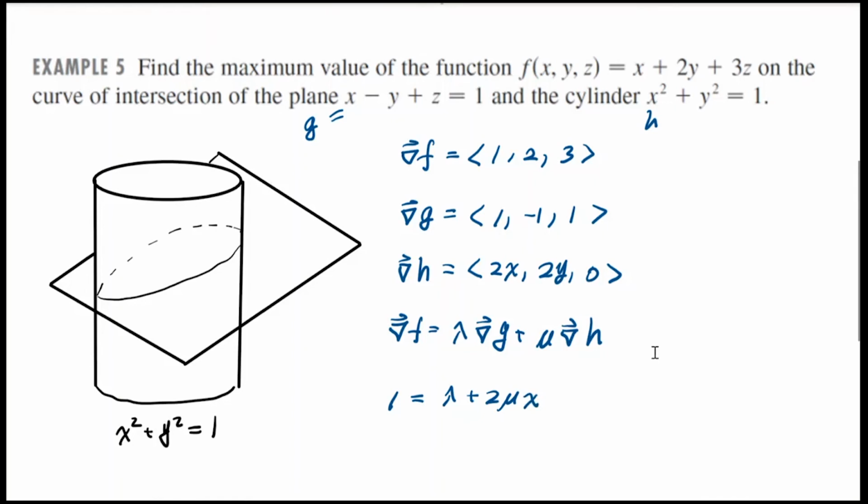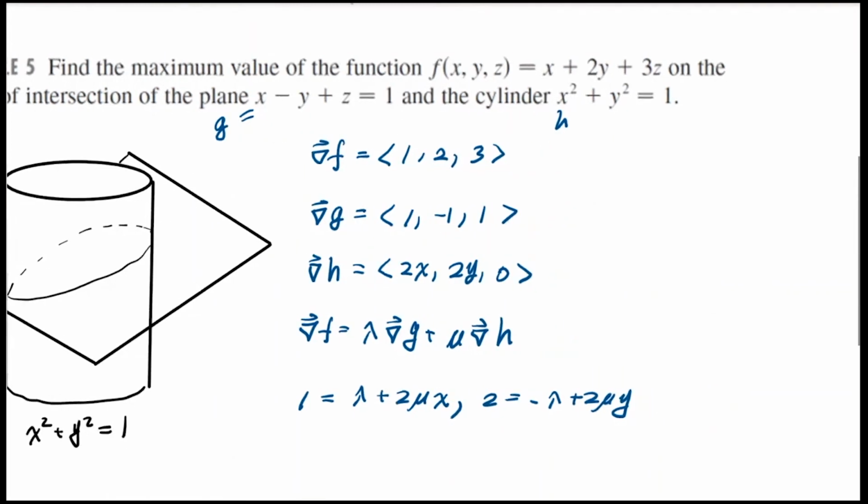Do you see that? And 2 is equal to negative lambda plus 2 mu y. And finally, 3 is equal to, once again, lambda, and then times mu times 0. So this is it. Good.